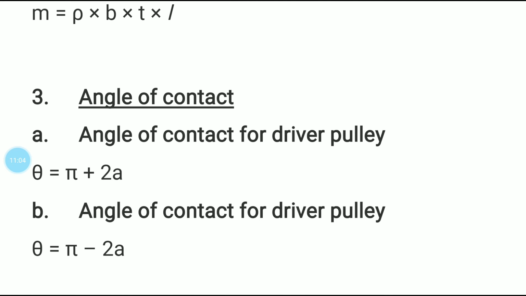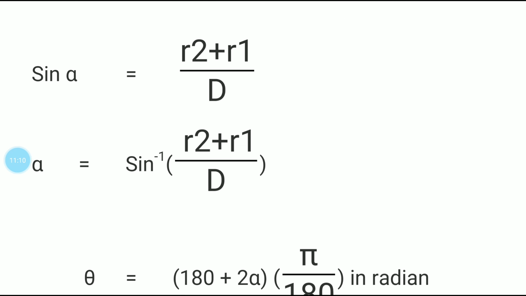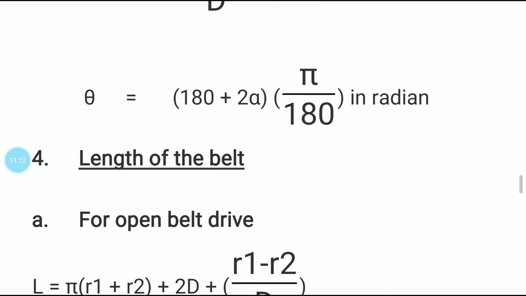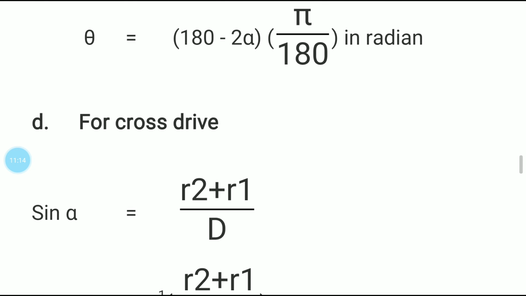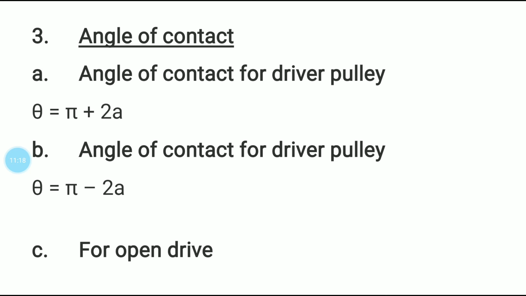Third one is angle of contact. There are four categories, so we will see one by one. First one, angle of contact for driver pulley. Theta is equal to pi plus 2a. This pi value is 3.14.